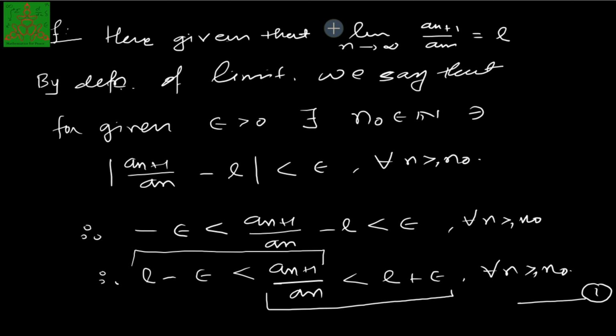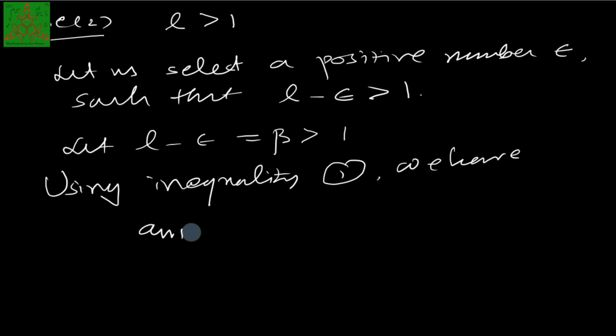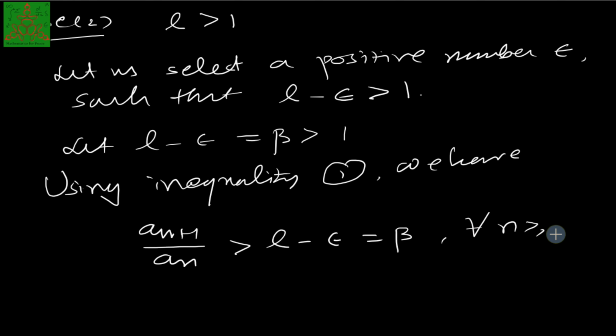So from that we can say a_(n+1) upon a_n is greater than L minus epsilon, which is equal to beta, for every n greater than or equal to n0, but instead of n0 maybe some different term will be there. So let me take it as n1.